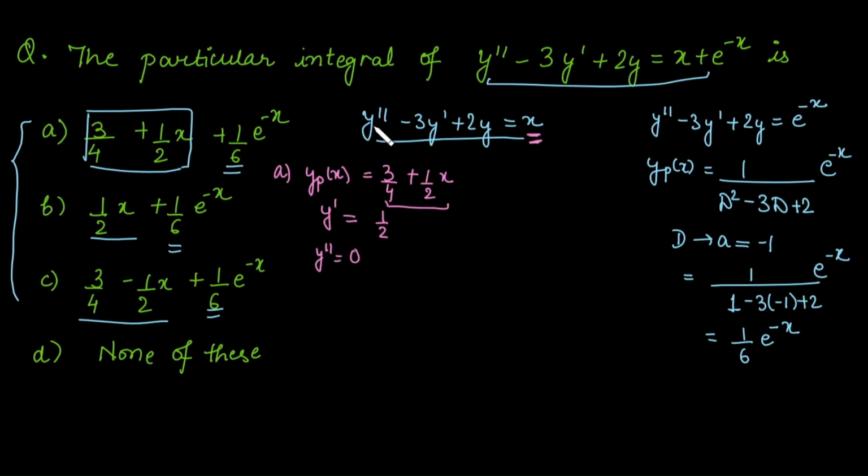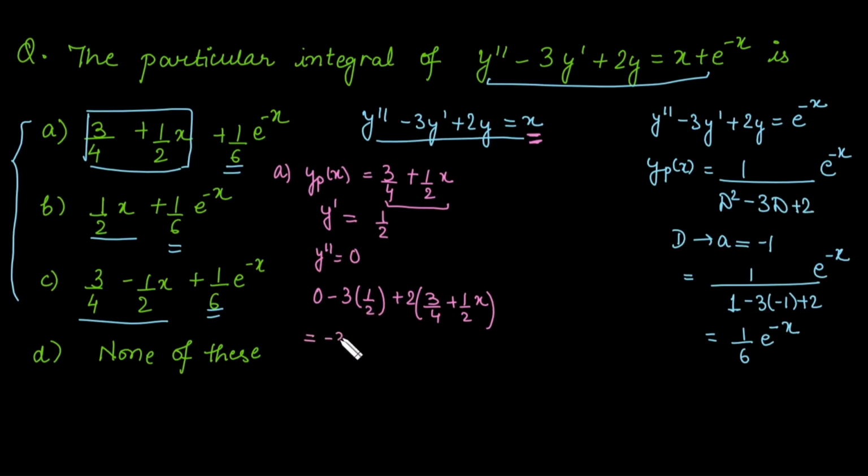So when you take second order derivative as 0 minus 3 times of first order derivative as 1 by 2 plus twice of y. What is the value of y? That is this 3 by 4 plus 1 by 2 into x. Simplify this.